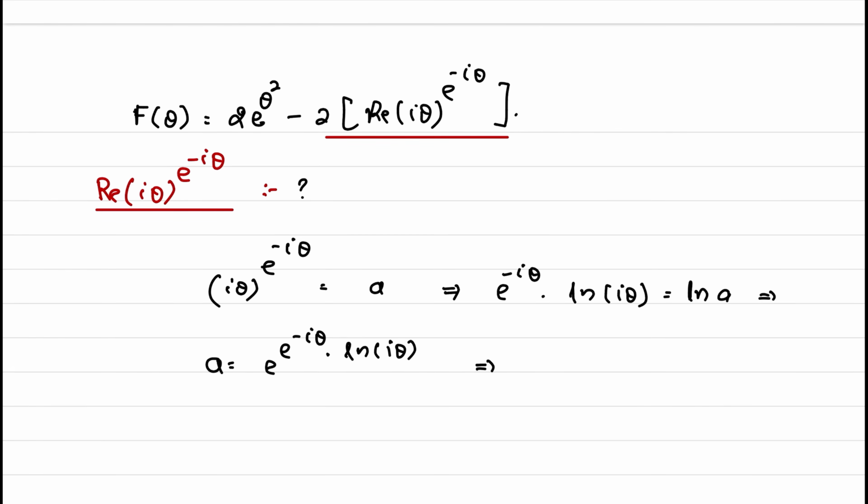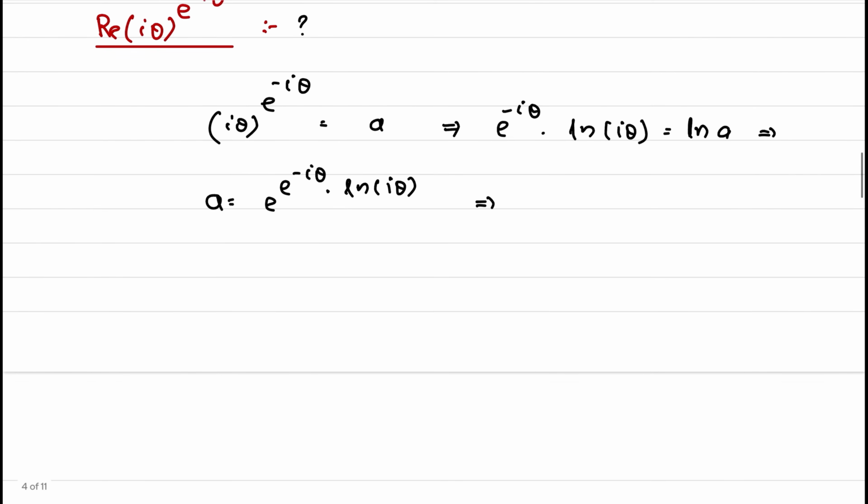Please try to understand the concept here step by step. If you don't understand, try to see it multiple times, but try to understand the concept. i theta to the power of e to the power of minus i theta is equal to e to the power of e to the power of minus i theta into ln i theta.